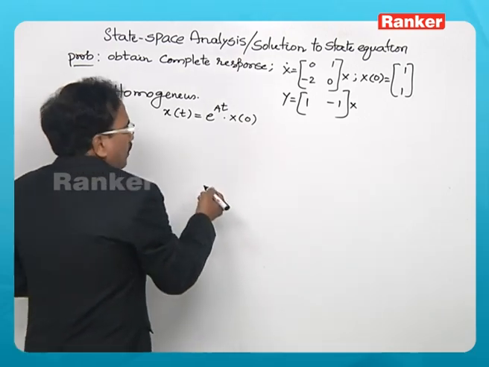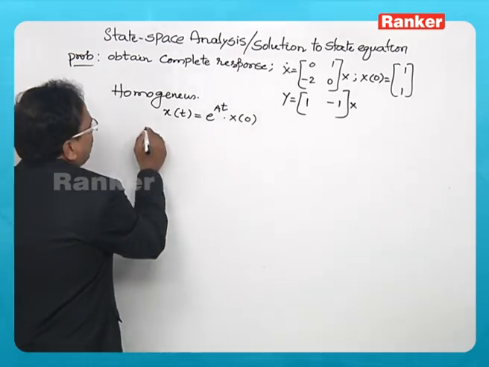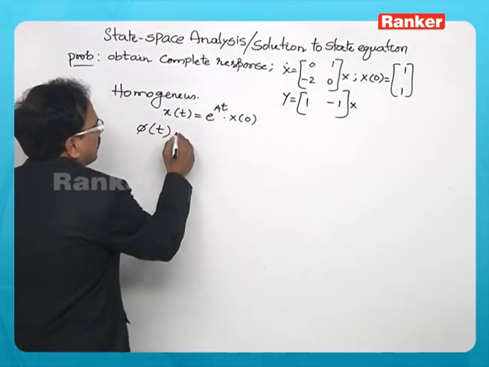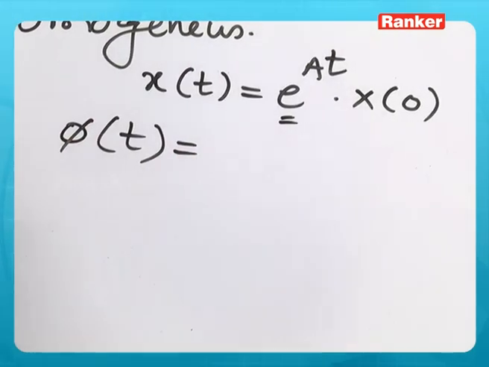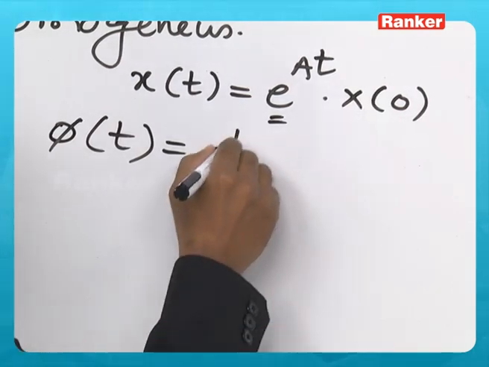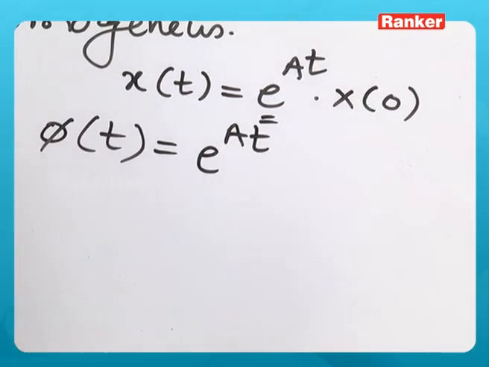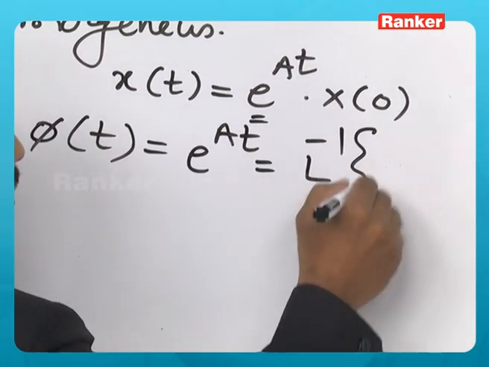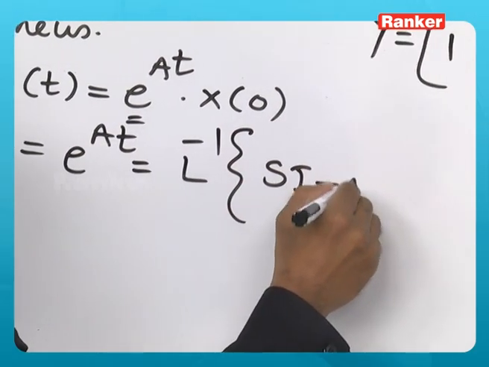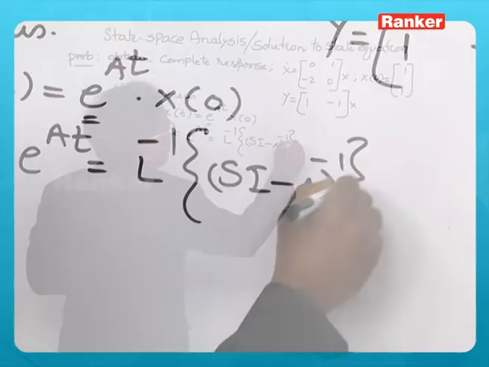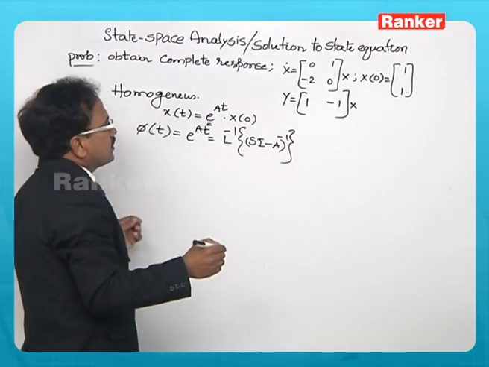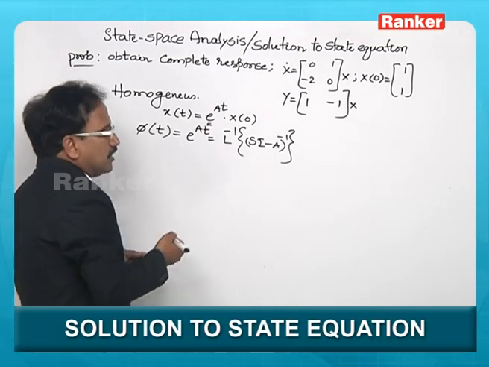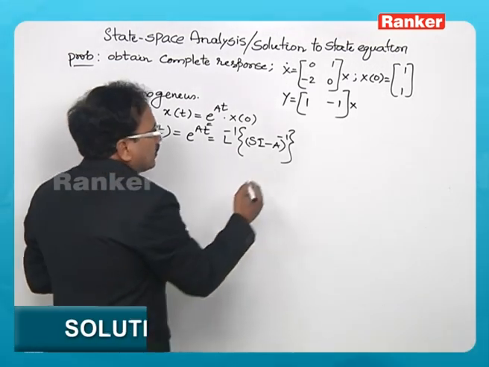So, this can be phi of t, that is the state transition matrix. We should know what e power A t is. This is given by e power A t equal to Laplace inverse of (sI minus A) inverse. So we need to determine this Laplace inverse of (sI minus A) inverse, that is the state transition matrix.